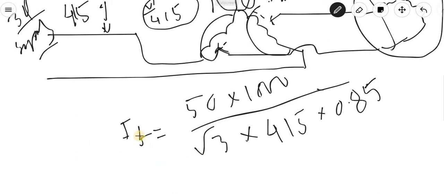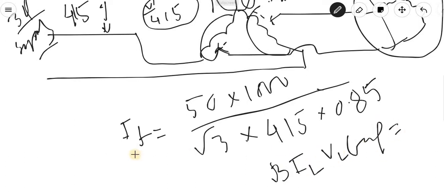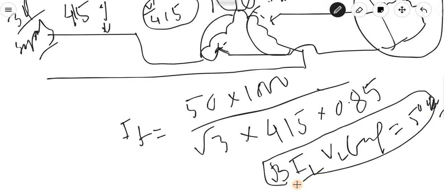As you know, root 3 times voltage times current times cos phi gives the power, so from this equation we will get the full load current.